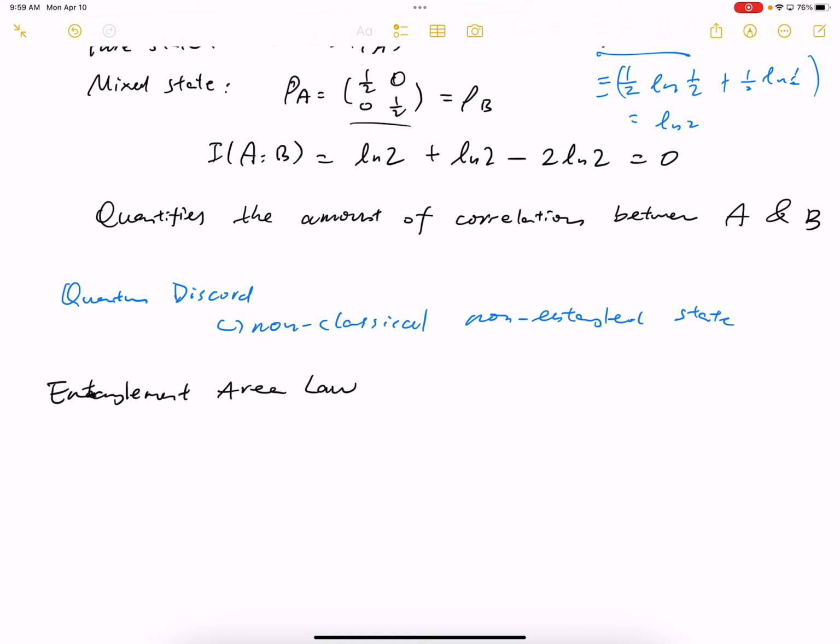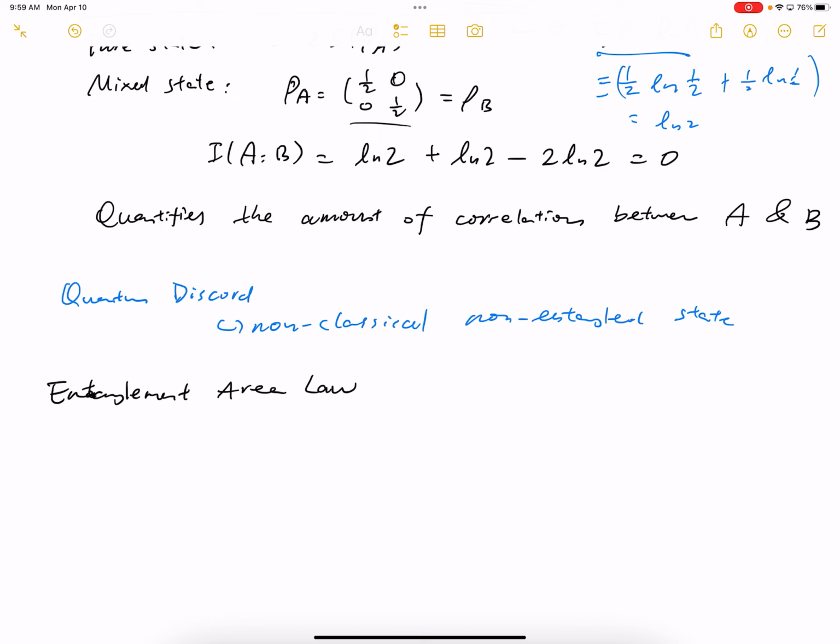You can see that for this subsystem A, the amount of entanglement it has with the rest of the system is basically only the number of lines you are cutting at that boundary. The boundary is cutting through a bunch of lines there, and that's it. It's not going to scale with the number of qubits or particles inside region A. So this is the basic idea.